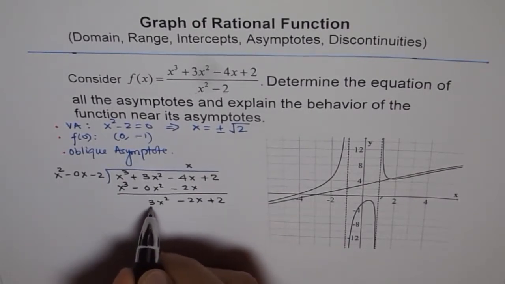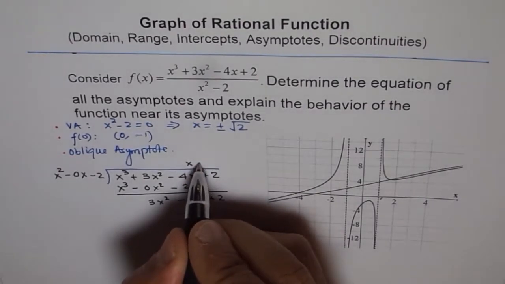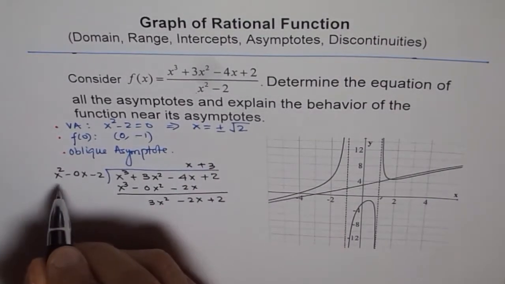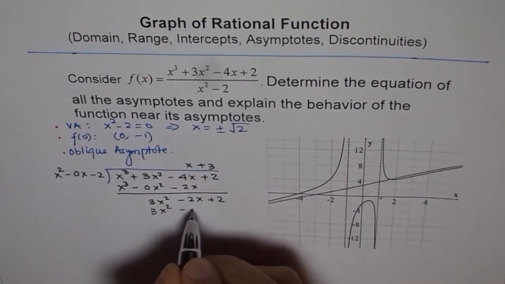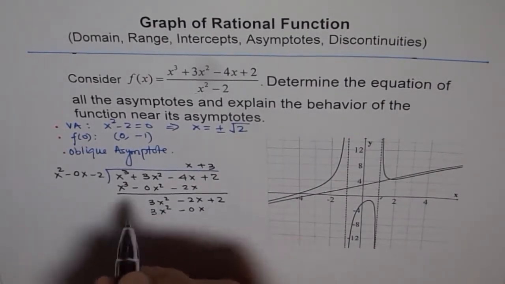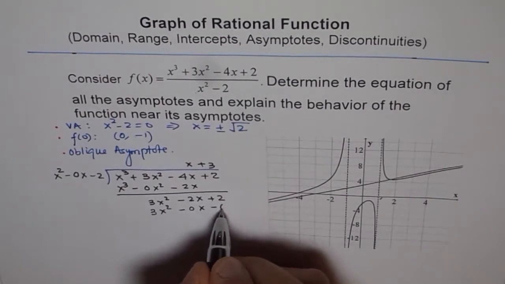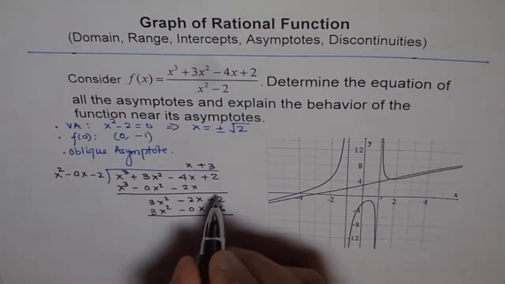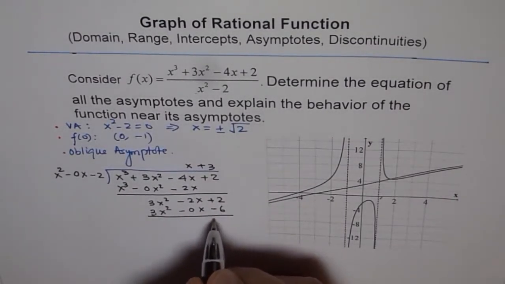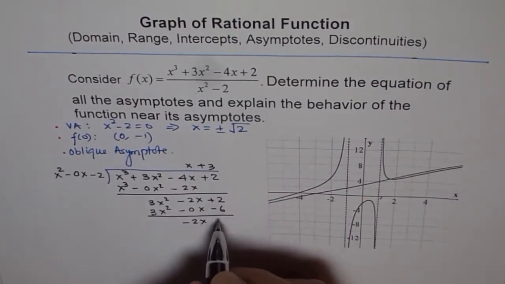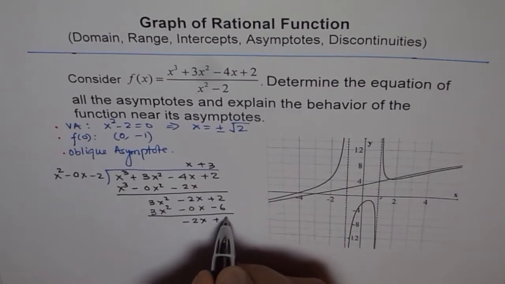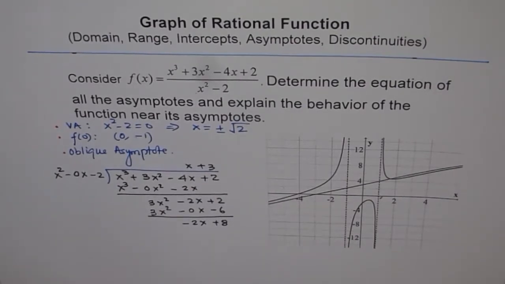To take care of 3x squared, we will do plus 3 here. 3 times this will give me 3x squared minus 0x and minus 6. When you do this, here we'll get minus 2x, and here we are going to get plus 8. So that is what you get, right?